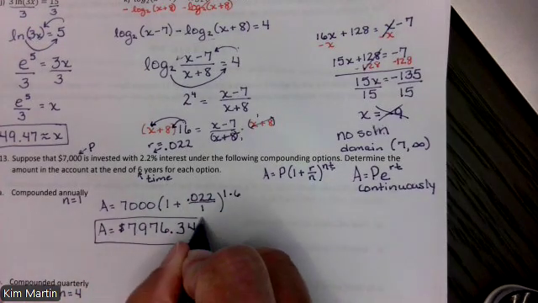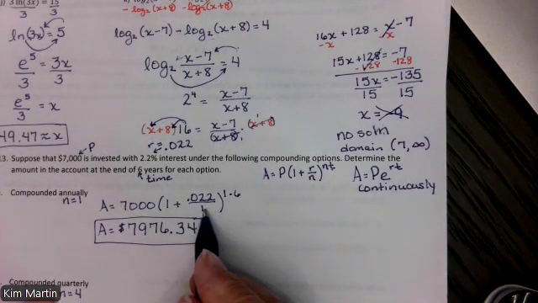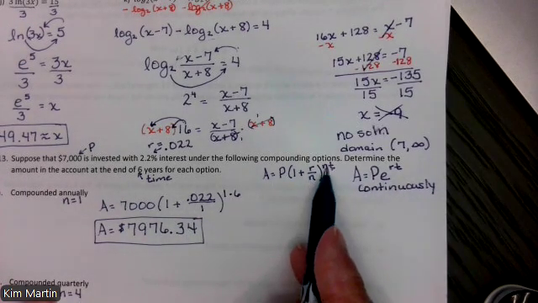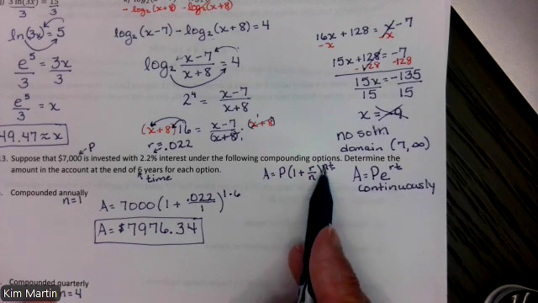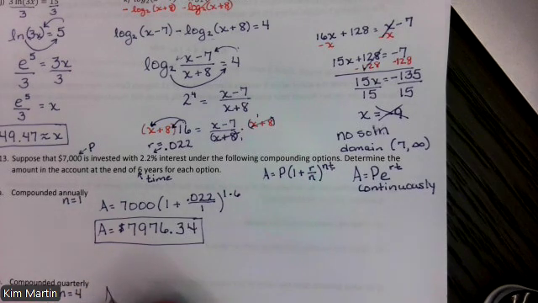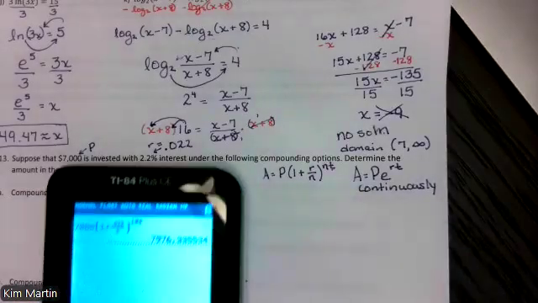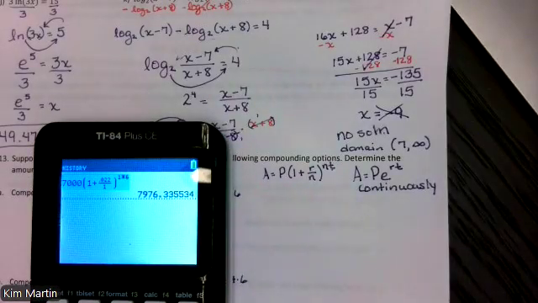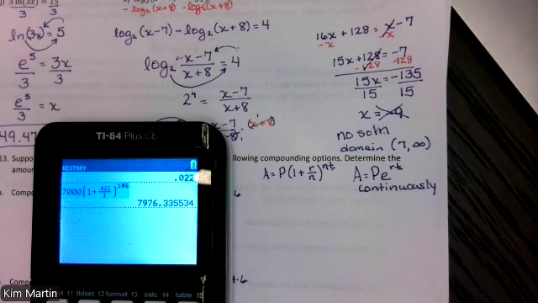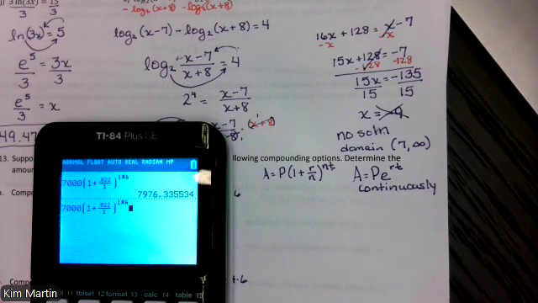Okay. Well, compounded quarterly. Our n's are now going to become 4s. So we have 7,000 times 1 plus 0.022 over 4 now, raised to the 4 times 6. Now I'm just going to bring that back up. You can arrow up and highlight it and hit enter, and then go change those 1s to 4s.